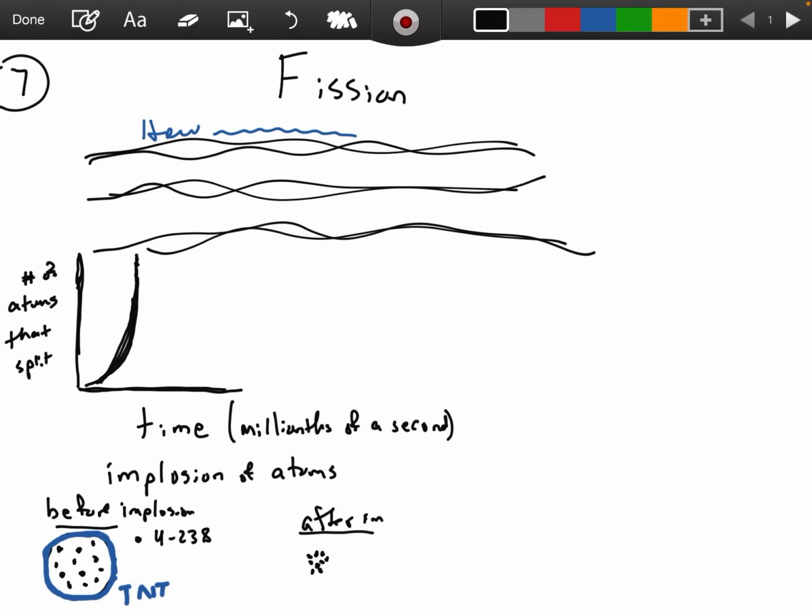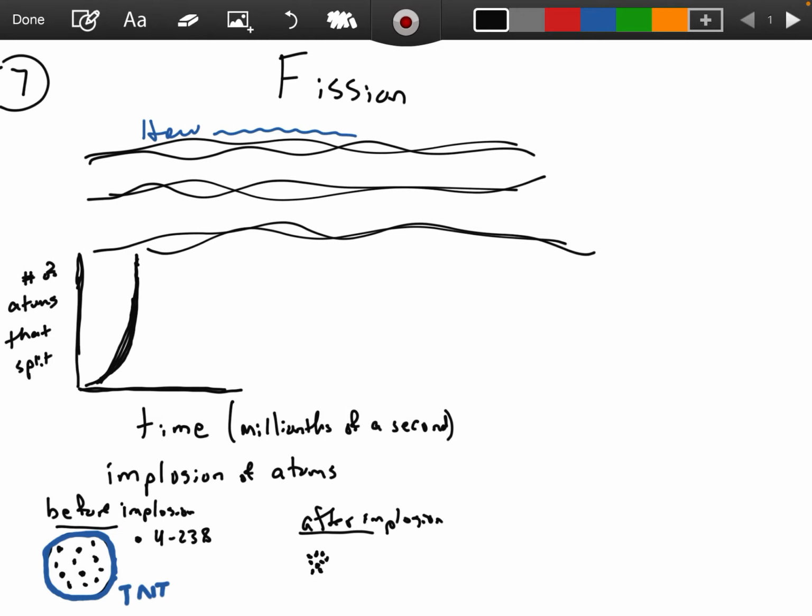This is after implosion. And it's physically simply that the atoms are really, really close together. And they're so close together because of the implosion of the TNT that when we start firing neutrons, it all splits simultaneously and releases all of its energy simultaneously.